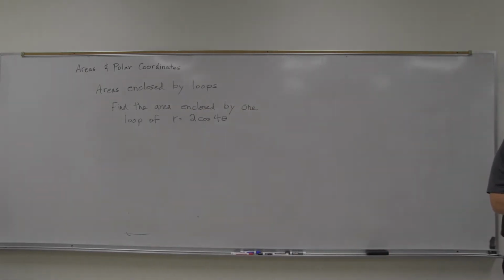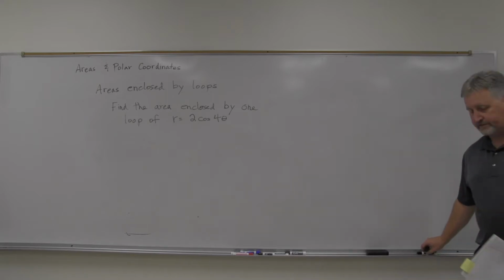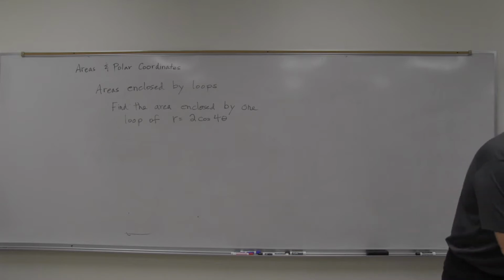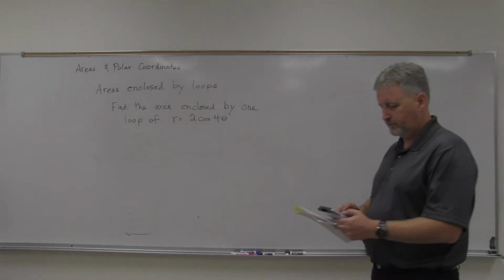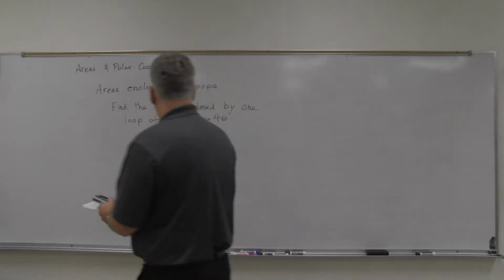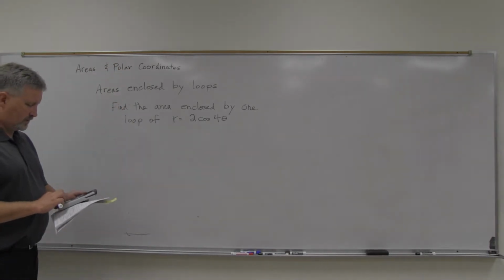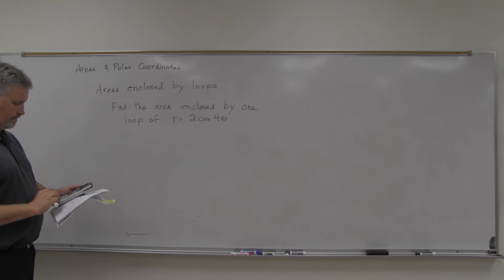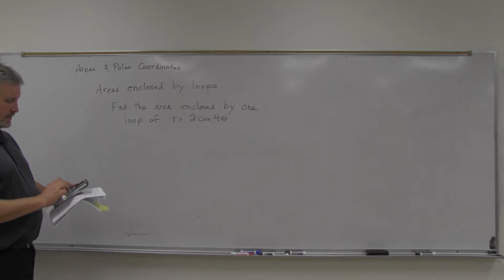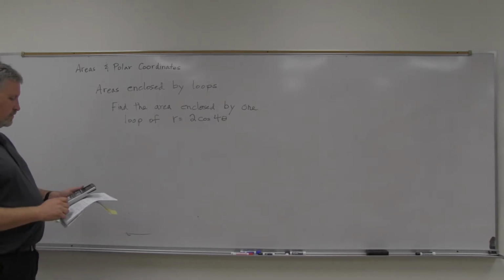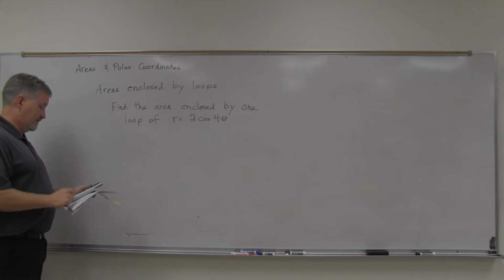So just looking at the graph here to start, maybe that's a good place to start. See that we do have loops, loop-de-loops. 2 cosine 4 theta. Ooh, yeah, we've got loops, don't we?